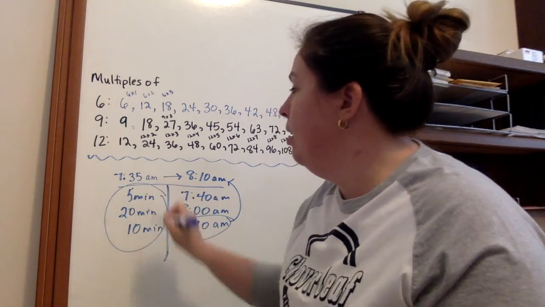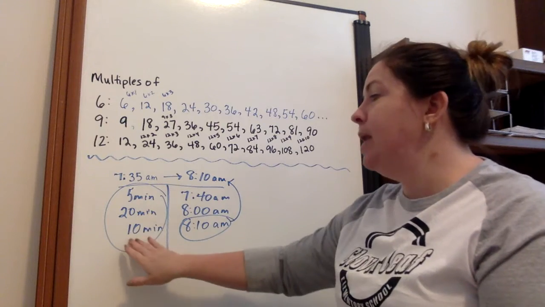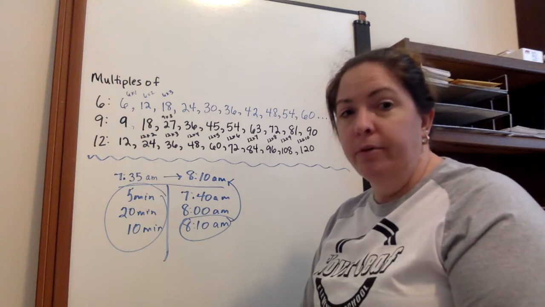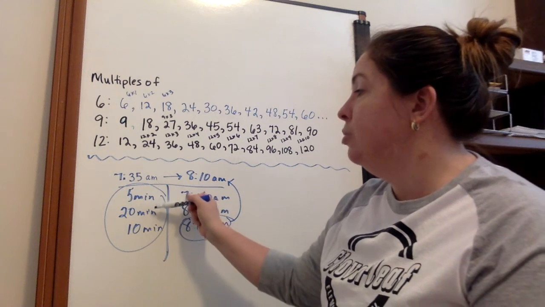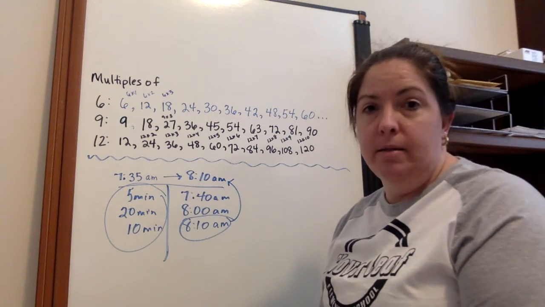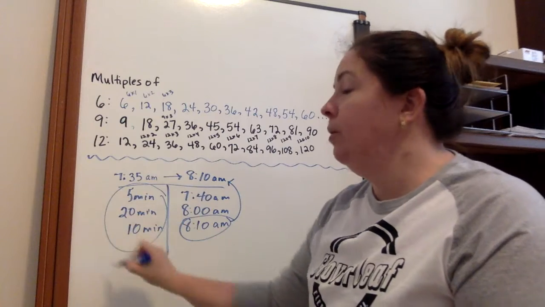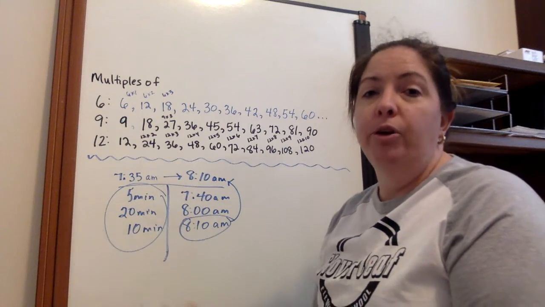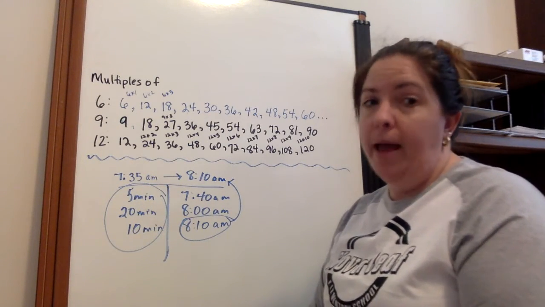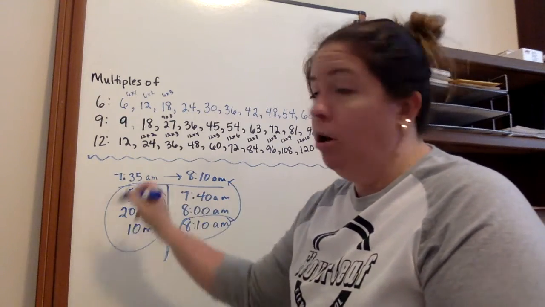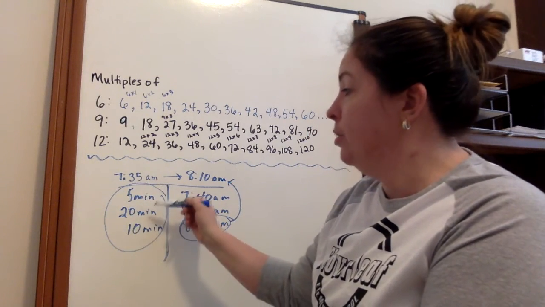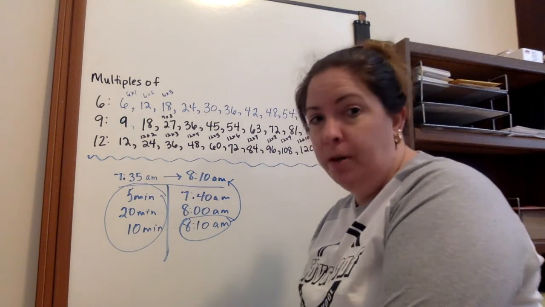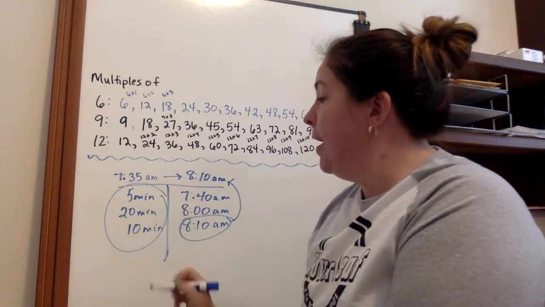That set of minutes was her travel time. So we need to add up 5 minutes, 20 minutes, and 10 minutes. Your numbers over here may look different than mine, and that's okay, but ultimately our travel time is the same. I know that 20 minutes and 10 minutes makes 30 minutes, and then I've got 5 more minutes.